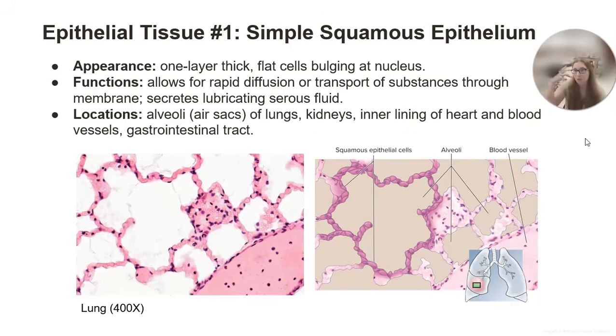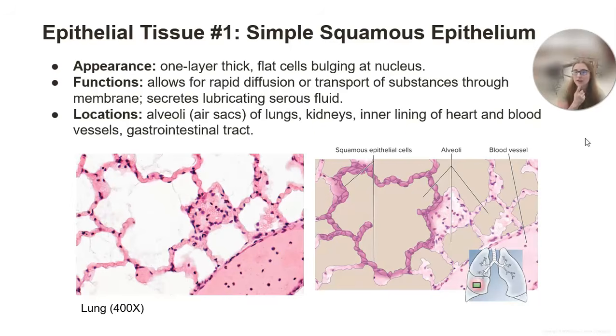So thinking about places we want rapid diffusion of substances, places we want to reduce drag, well, we're going to find simple squamous epithelium in places like the alveoli of our lungs where we're doing gas exchange, also in places like our kidneys where we want the really quick filtration and reabsorption of things like water, salts, toxins, to create our urine.